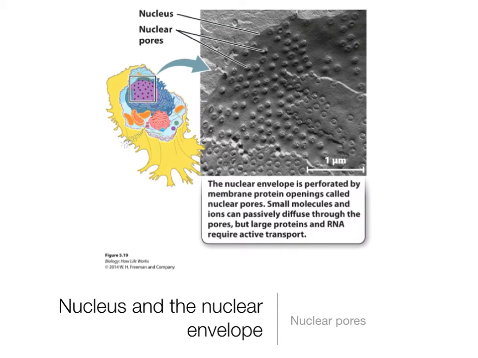So we will first have a look at the nucleus and the nuclear envelope. As probably everybody knows, the nucleus is the place in the cell where DNA is stored. DNA consists of all the genetic information necessary for the cell to perform its function and to sustain life.